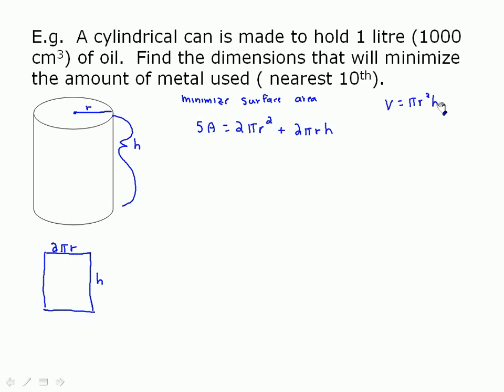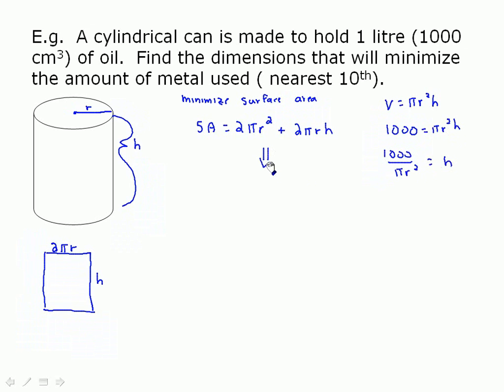So the area of the top times the height. And because this is going to be equal to 1,000 cubic centimeters, we can then isolate the h to get 1,000 over pi r squared.